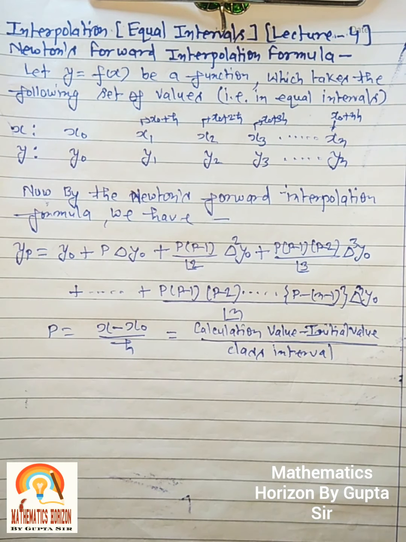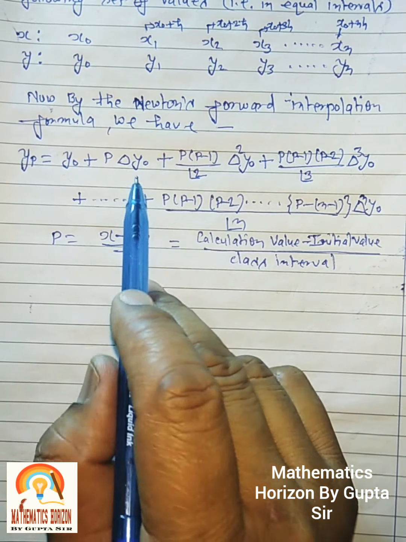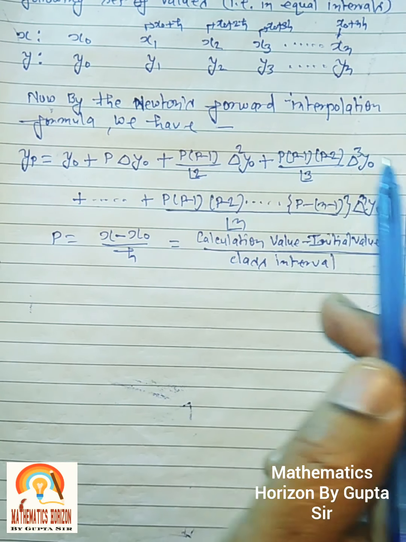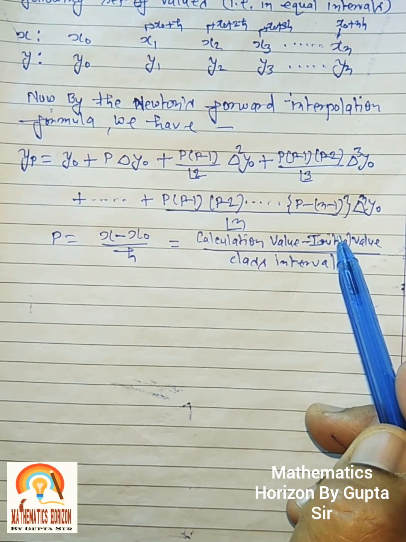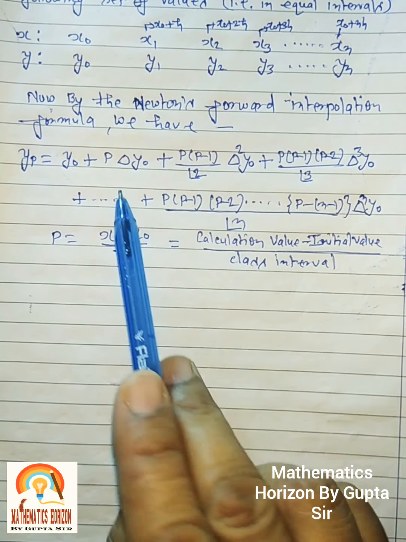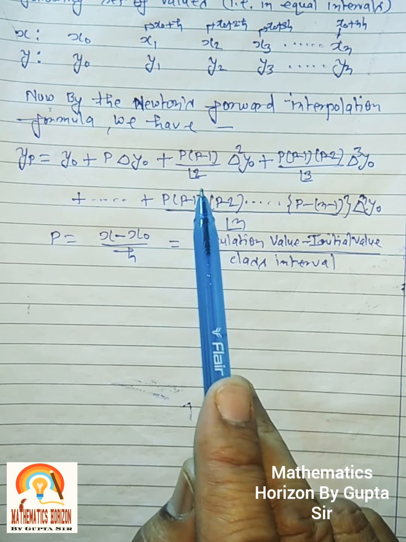And del y0, del square y0, del cube y0 are the forward differences. We can calculate all these values by using a difference table.